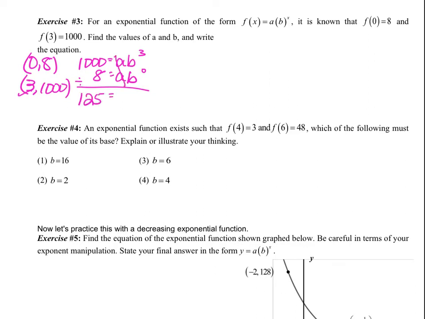My a's are going to cancel, and I get b cubed because 3 minus 0 is 3. Now, to solve for b, I'm going to take the cubed root because that will give me b. But whatever I do to one side, I must do to the other. And then I get b equals, and the cubed root of 125 is 5.